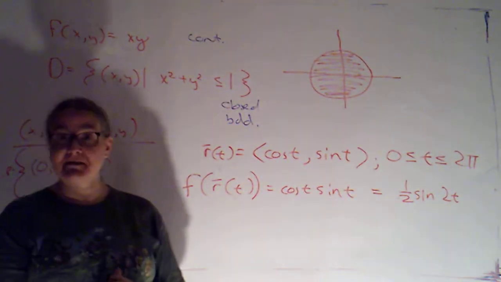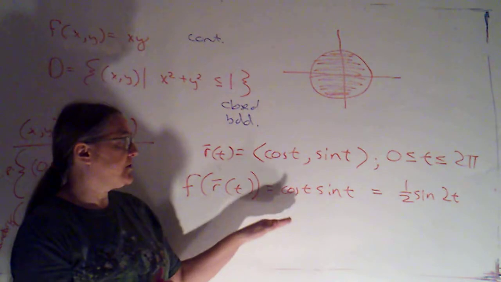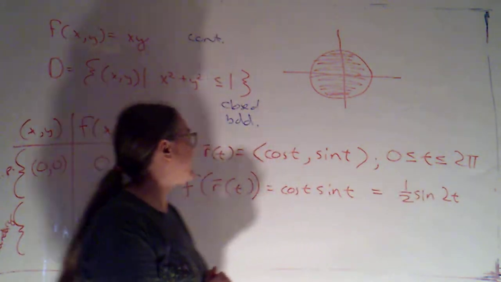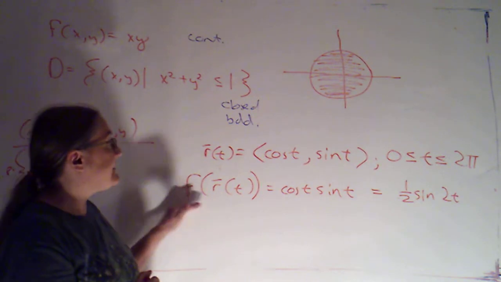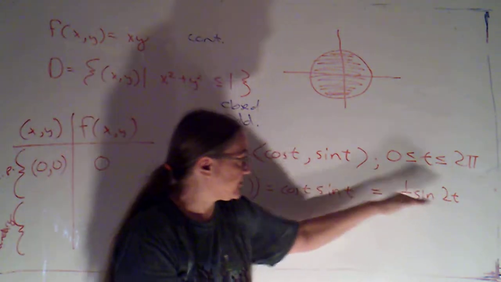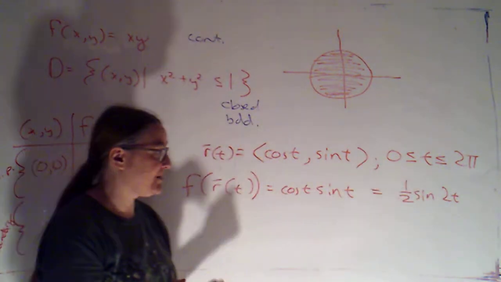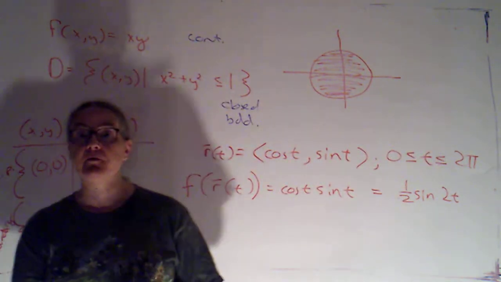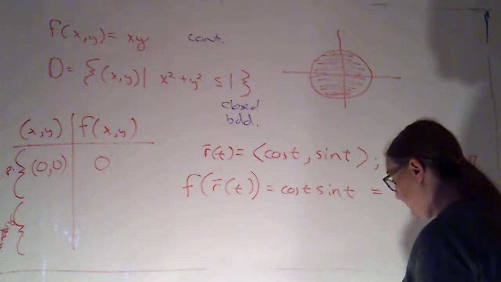Not absolutely necessary to notice that, but if you do, it might be a little bit faster when you're taking the derivative. Okay, so this is a continuous function. Either way I write it, it's continuous. We're working on a finite closed interval, so we can use the extreme value theorem for functions of one variable.